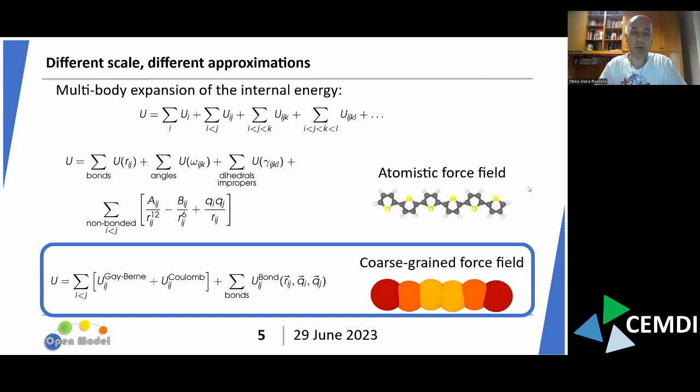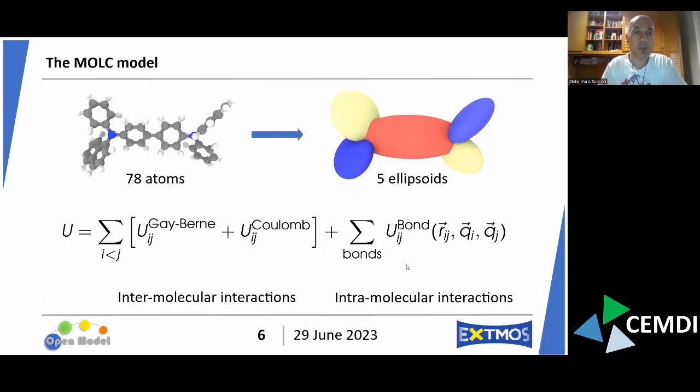Following the same reasoning, we developed in Bologna this force field for coarse graining that has somewhat similar expressions. So a term for non-bonded interactions and a term for bonded interactions. That is basically the simulation you just saw. This is called the MOLC model, and you see here a typical example of transformation.